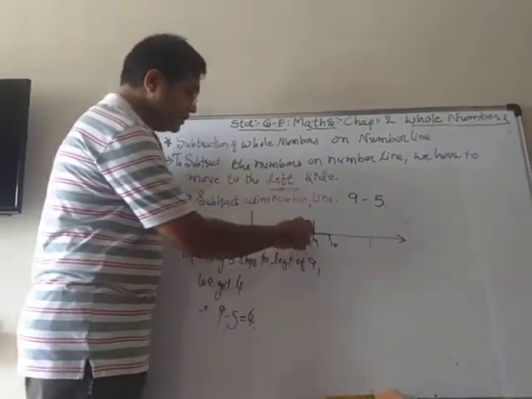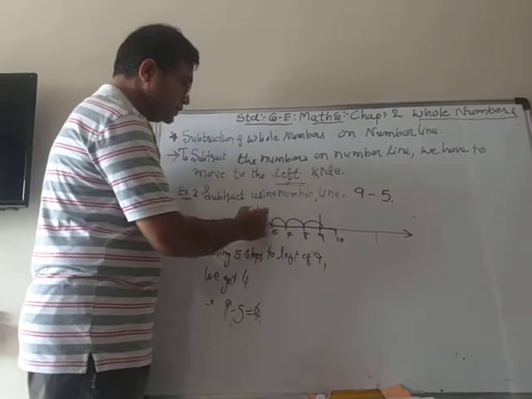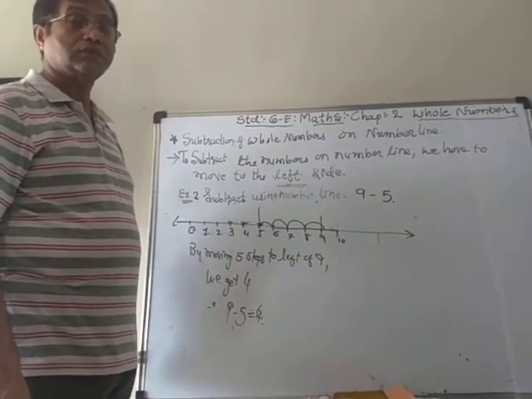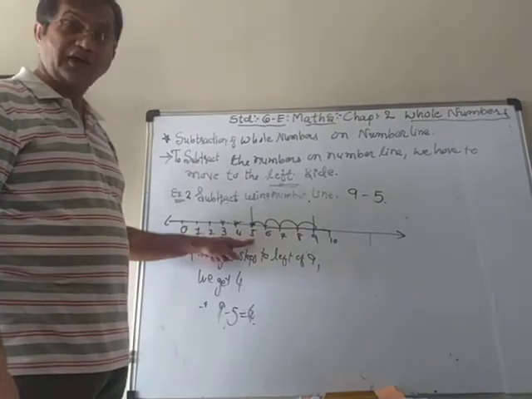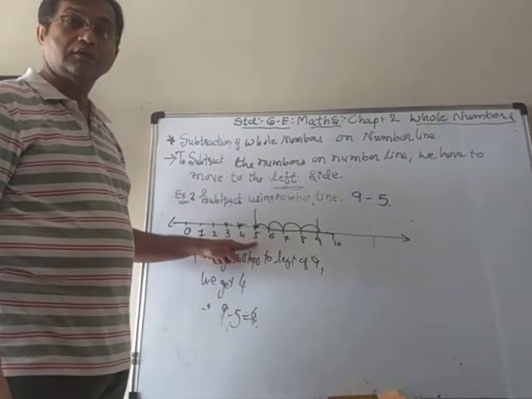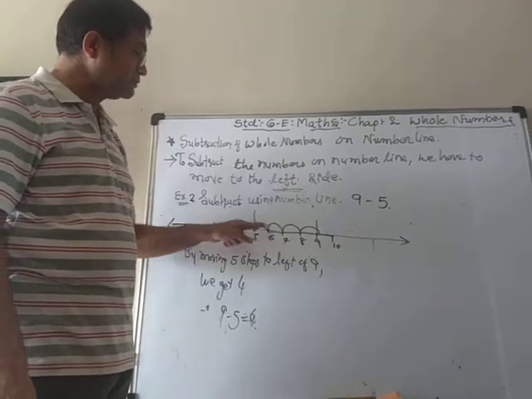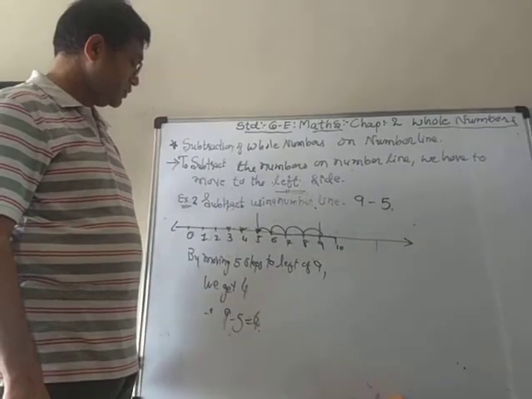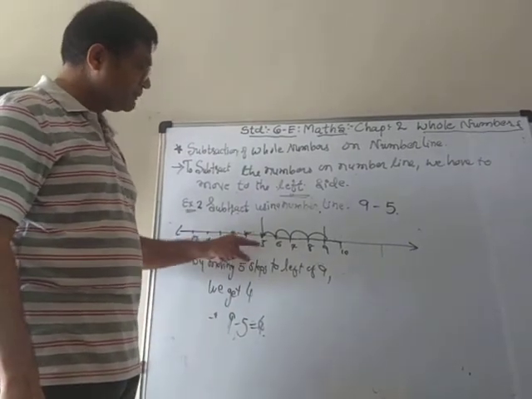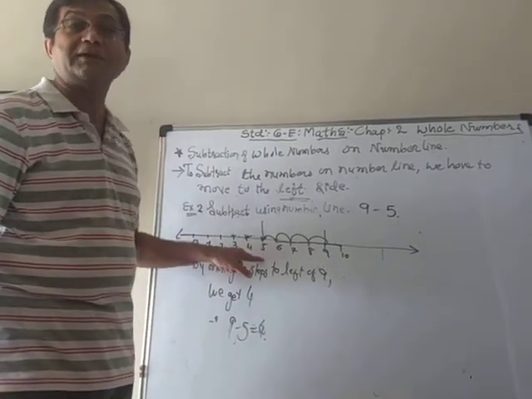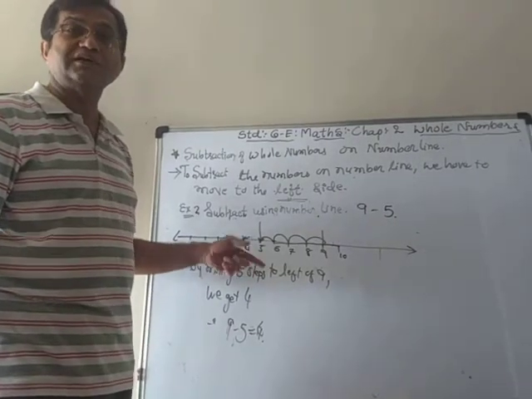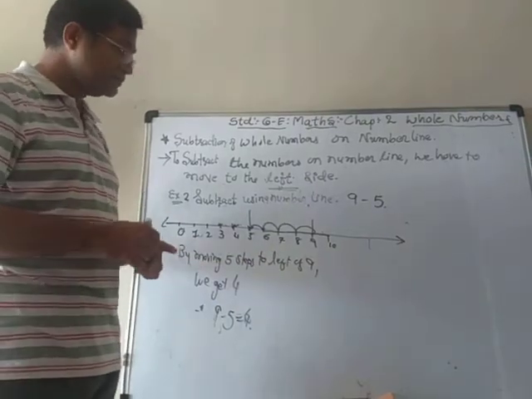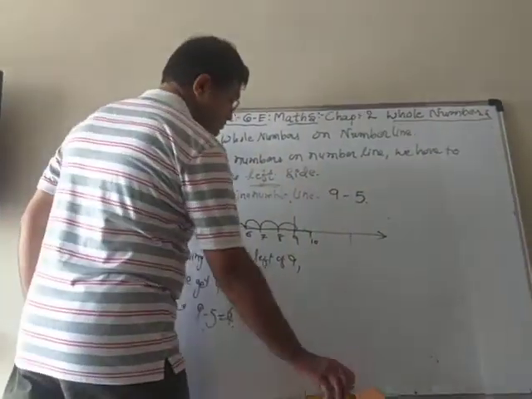Then they will count how many? 1, 2, 3, 4. But the answer is 5 here. They will write down how many steps? 1, 2, 3, 4. Here it is 4 steps, but they will count what number came at the last, 5. They can write down 5 by adding also. So be careful, don't do that.